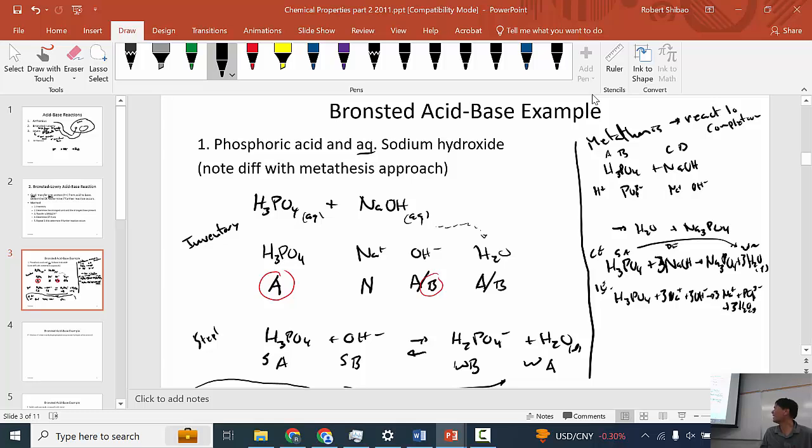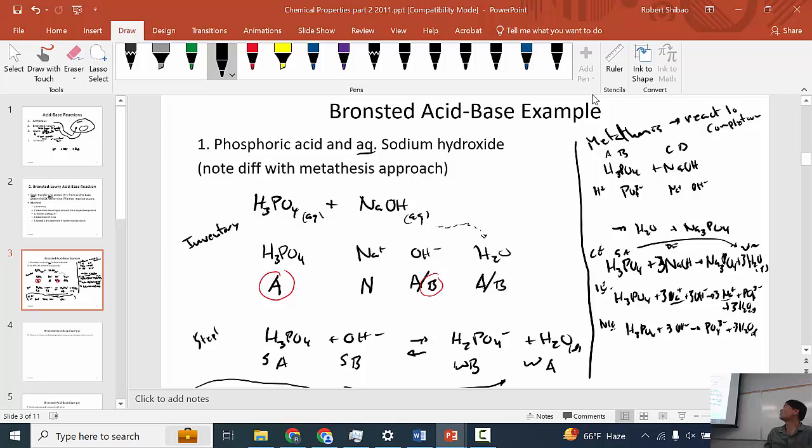And then we do the NIE. In the NIE, we get rid of the spectators. Looks like the sodium ions are spectators here. And so it's going to be H3PO4 plus 3 hydroxides yields PO4 3 minus plus 3 waters. That would be the NIE.